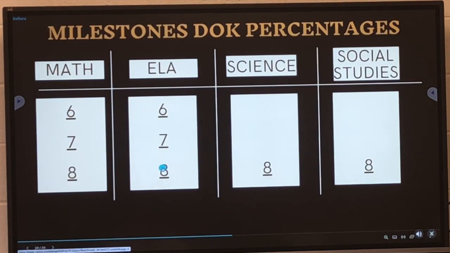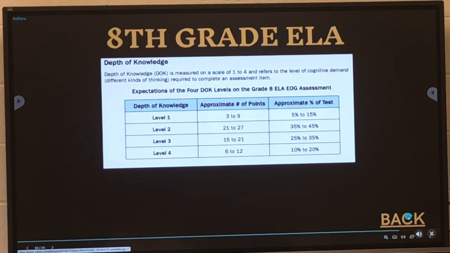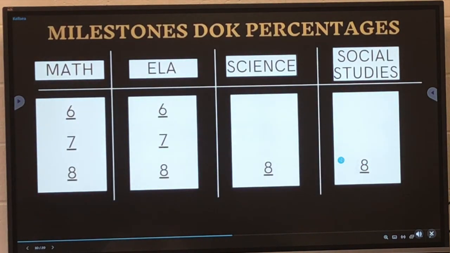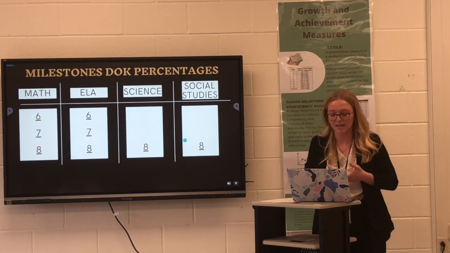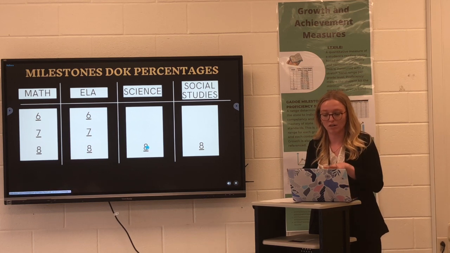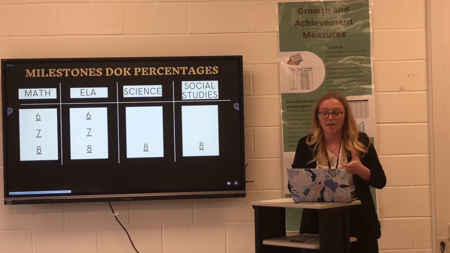So when I share the presentation, there are the depth of knowledge percentages for all of the state tests that our school gives. Some people don't have a state test in their grade, so I would advise, I know that 8th grade has them in all 4 content areas, maybe looking at the 8th grade level since that's what you're ultimately preparing them for.